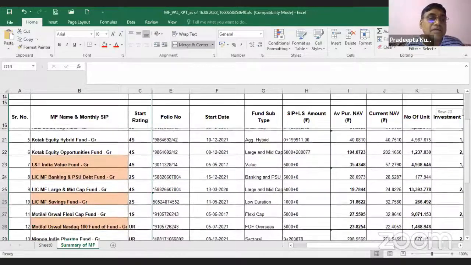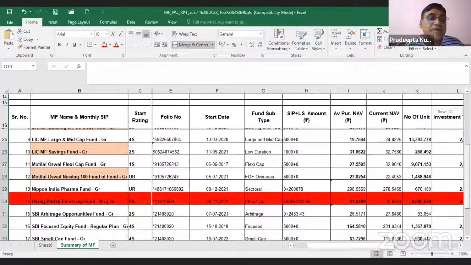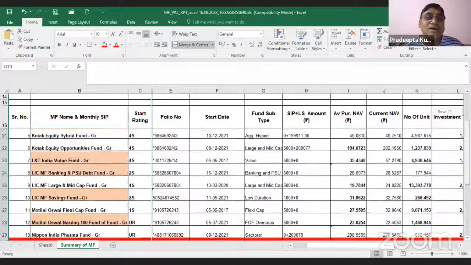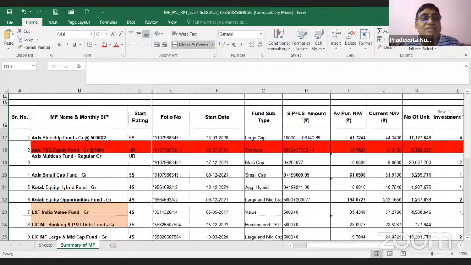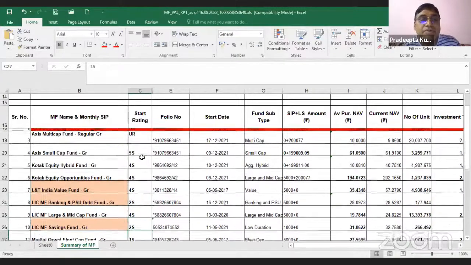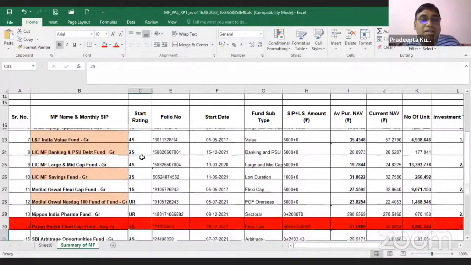I think around 18 funds are there. I was just looking at the stars, which I learned from your knowledge. This is a blue chip, this is 5-star, but I found that a lot of funds are unrated. Then four star, 2-star, 4-star, 2-star, single star, unrated, and all these things.